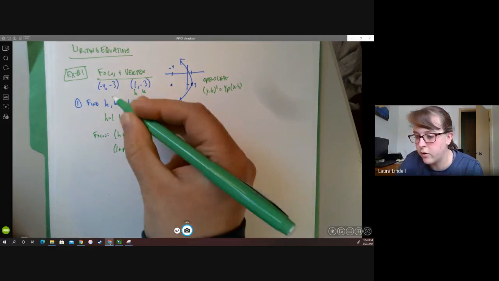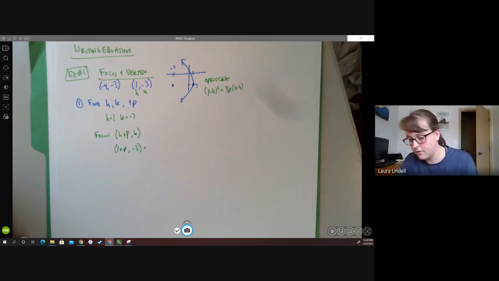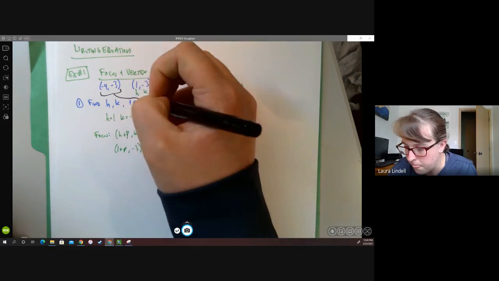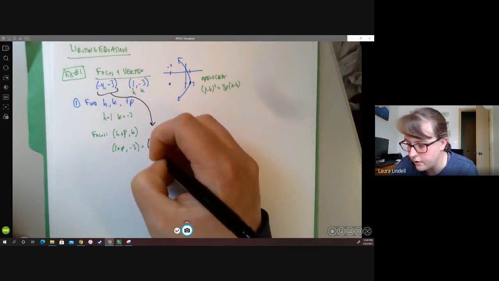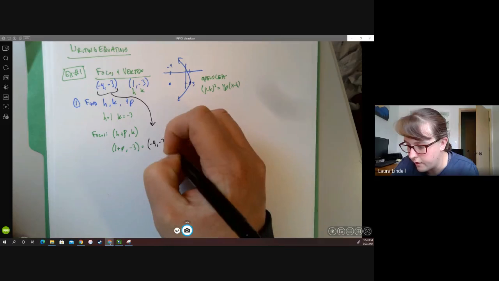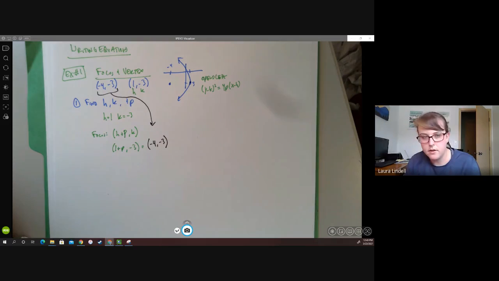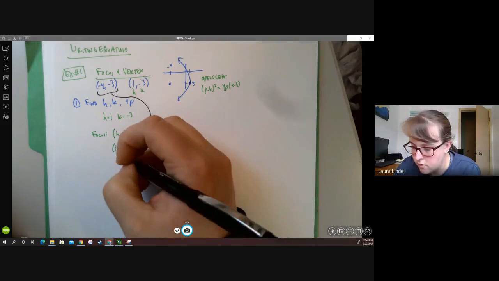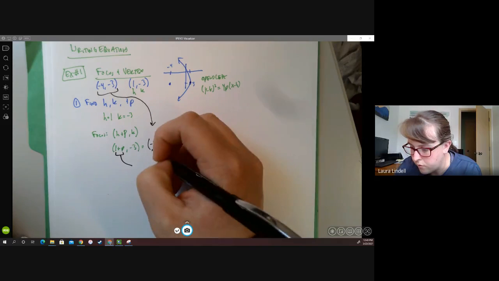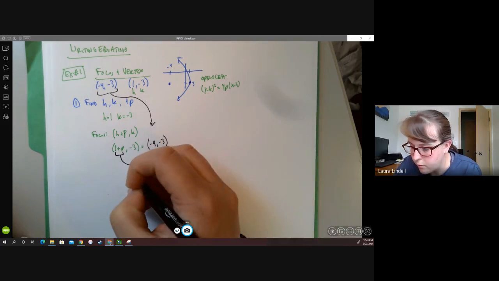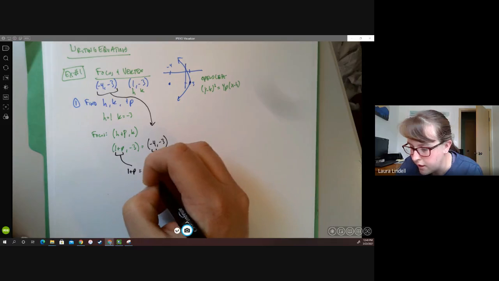And I also have a coordinate for my focus. So I'm going to take this coordinate and use it down here. We know that it's equal to (-4, -3). So I know that 1 + p has to equal -4.